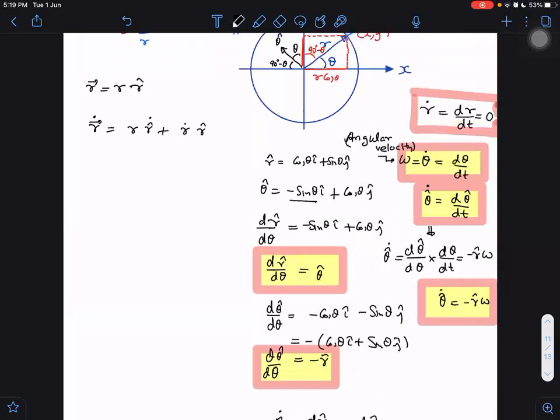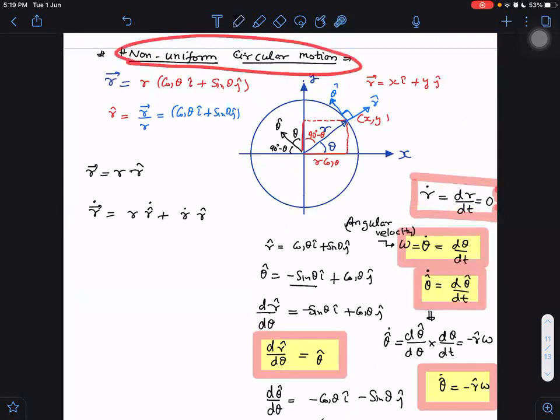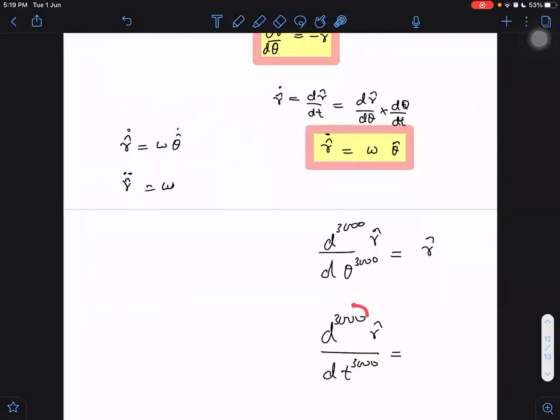Although my motion was non-uniform circular motion in the beginning, this question is very difficult for non-uniform circular motion, so I'm asking it for uniform circular motion, where omega is constant. Then I take the derivative of omega into theta cap. What is the derivative of theta cap with respect to time? That will be minus omega into r cap. One omega was already there, so finally we get minus omega square r cap.